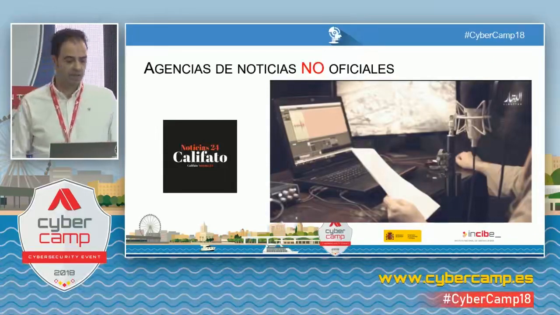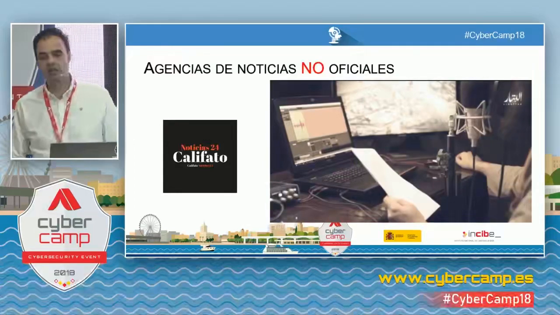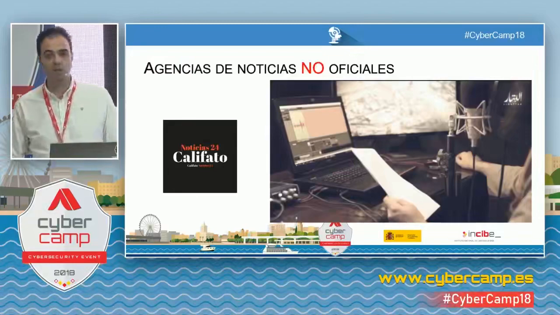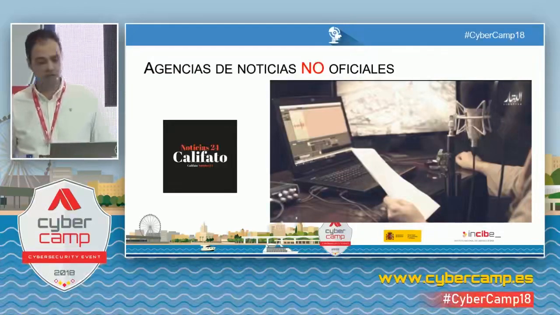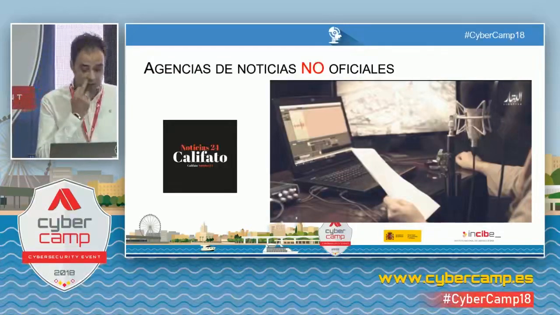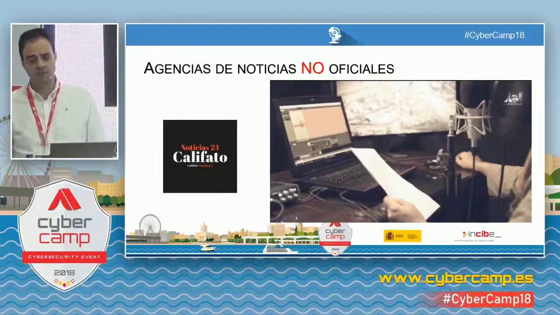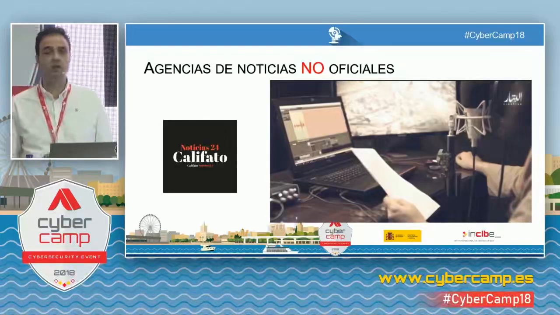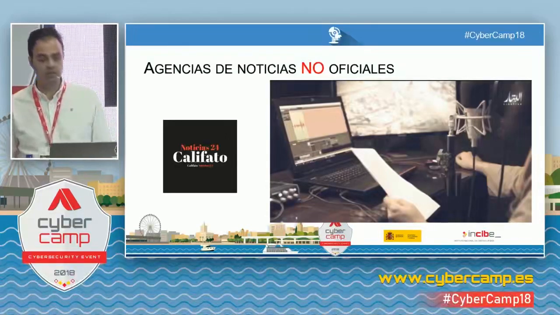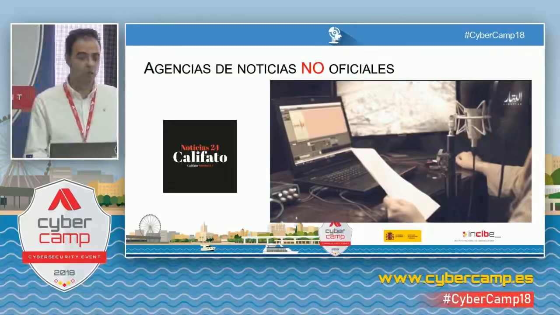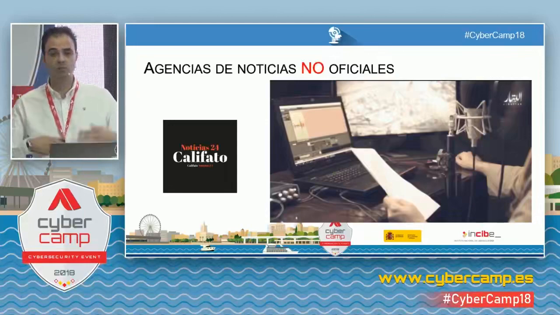They translate into different languages, whether it's pieces of news or handbooks or instructions, a lot of the times from English into different languages. For instance, this agency, 24-Hour Caliphate, publishes in lots of different languages to, again, disseminate their messages.